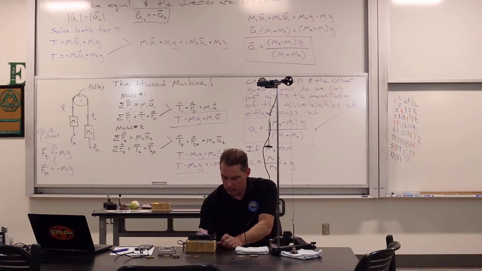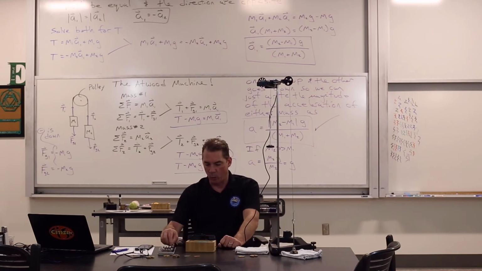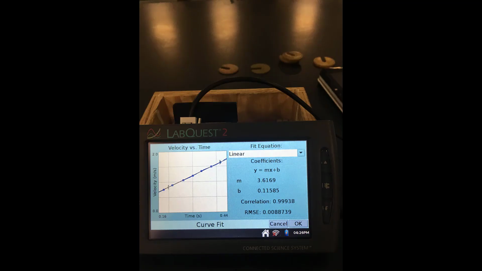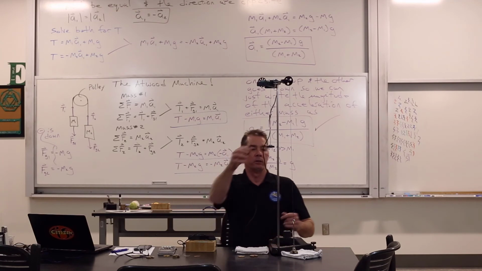All right, let's stop that. Give this a nice little portion of the graph. Now 3.6169. Good. Do this one again.